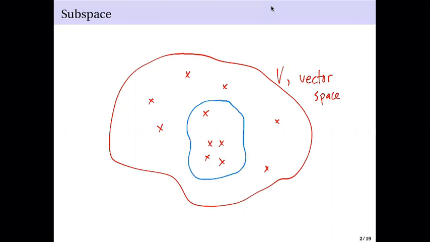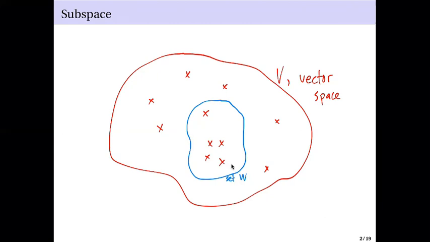Let me label this set W, and its elements are just elements from the vector space V. So the natural question is: is this set W, a collection of elements in the vector space V, also a vector space?